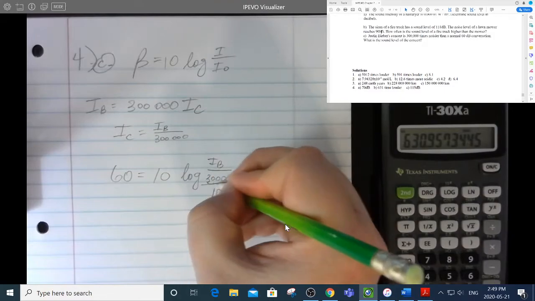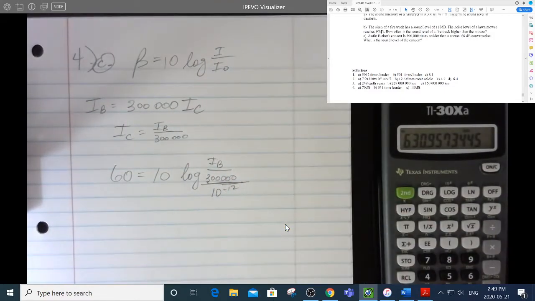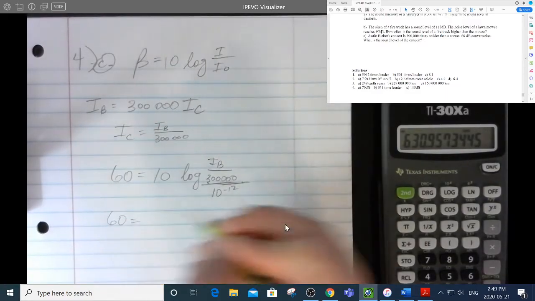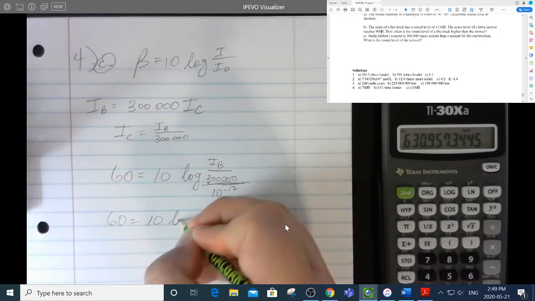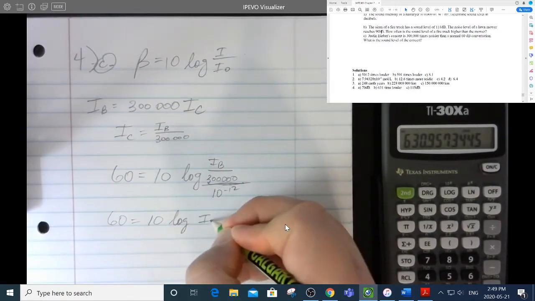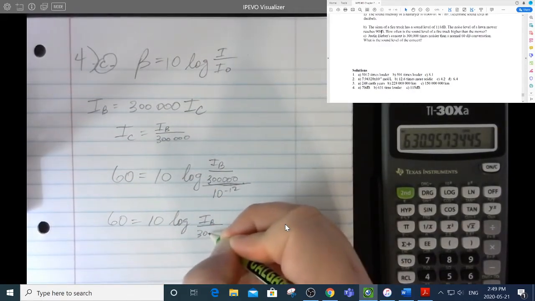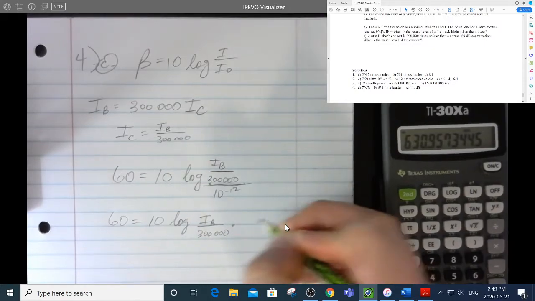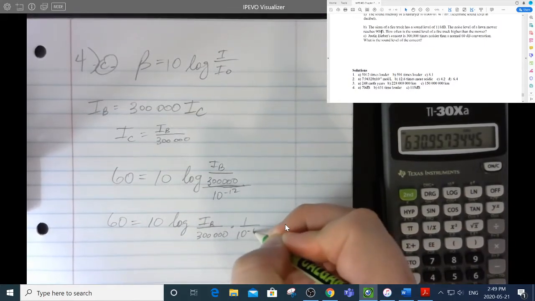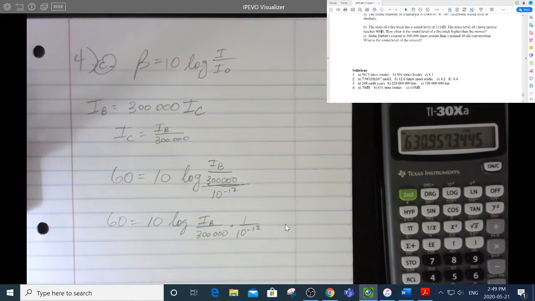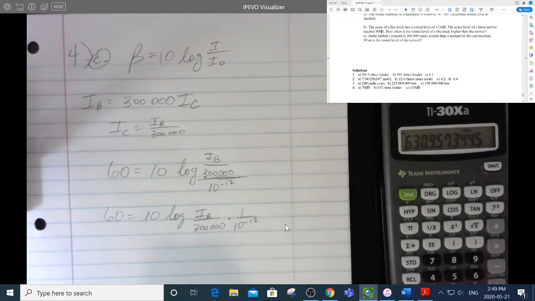So I've got myself a compound fraction, or a complex fraction, here. I don't like that, so I am going to remember that in fraction land, division is the same as multiplying by the reciprocal. From there, I'm going to divide both sides of the equation by 10.